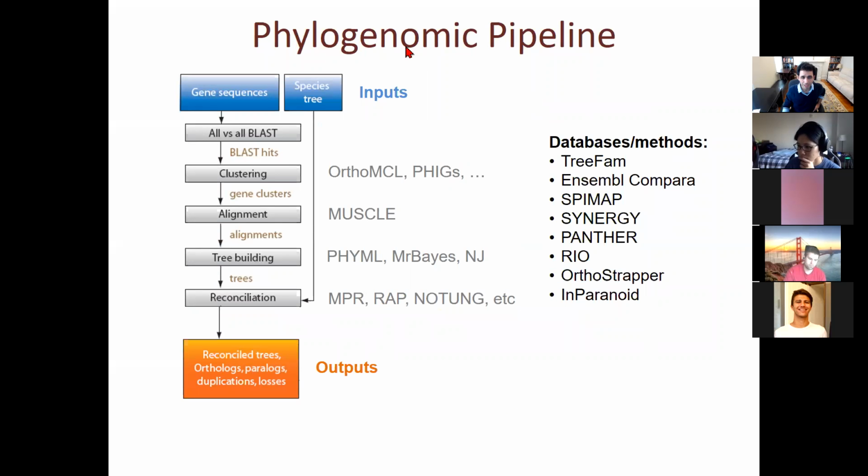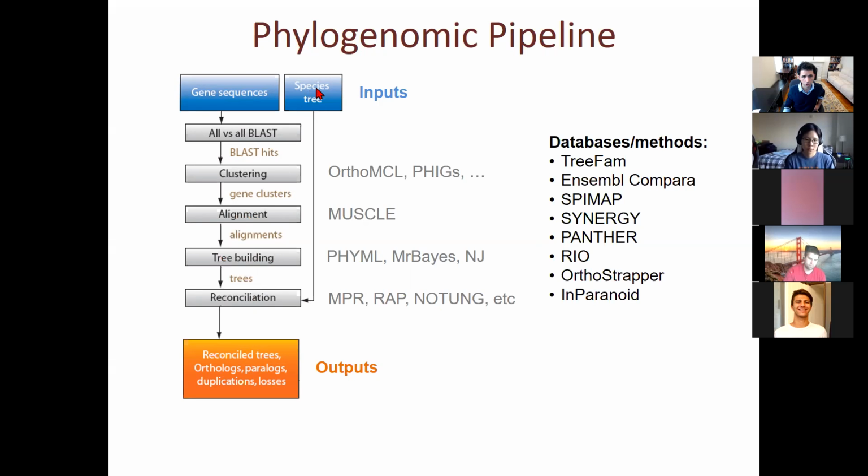Okay, so the traditional phylogenomic pipeline has been to take all of the gene sequences, blast everything against everything using lecture 3, then cluster everything into gene clusters using our clustering lecture, and then construct alignments for each cluster using our lecture 2, and then build trees using last time's lecture, and then reconcile using the beginning of today's lecture.